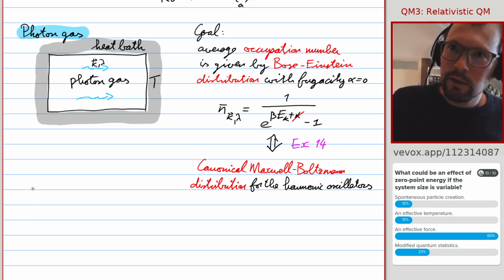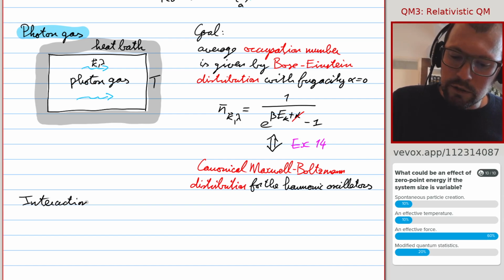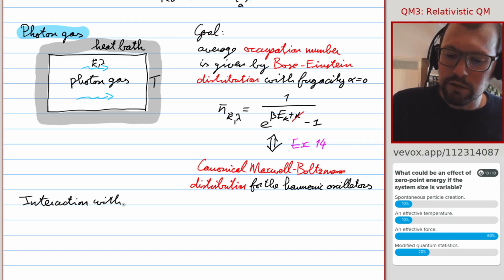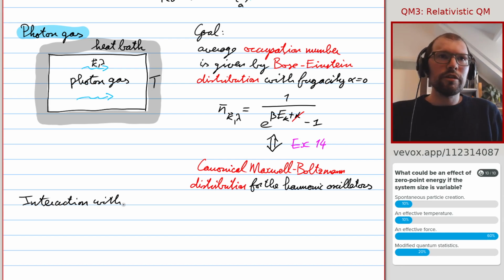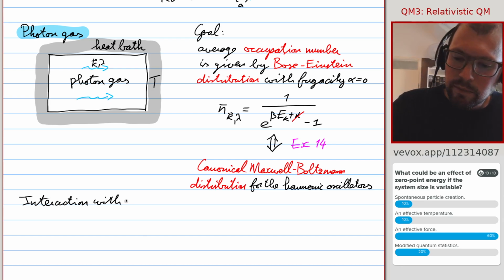Okay. But as I said, we would like to derive this from the interaction with the wall. And for this, we have to understand the interaction of the quantized electromagnetic field with a non-relativistic system.